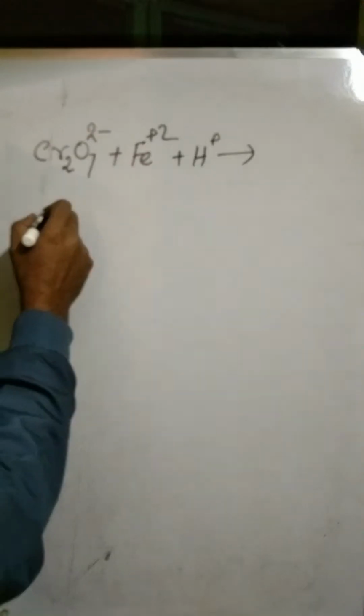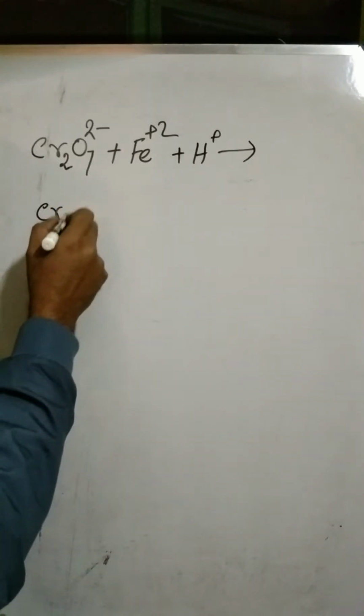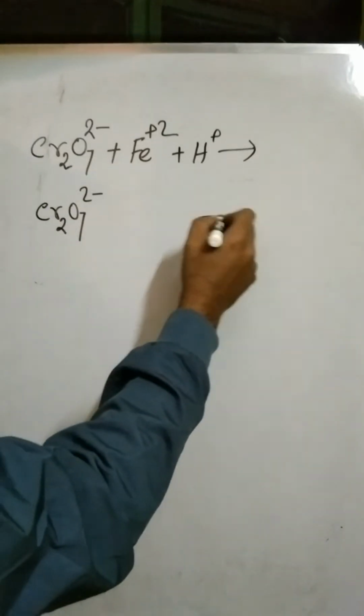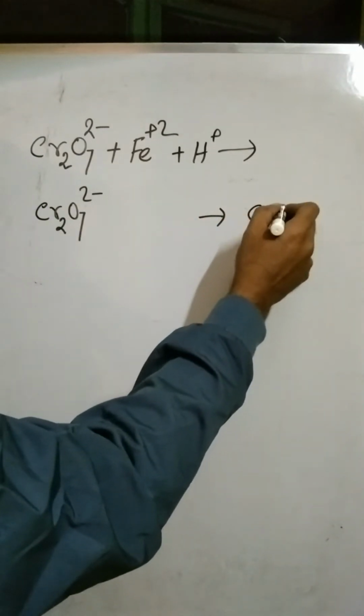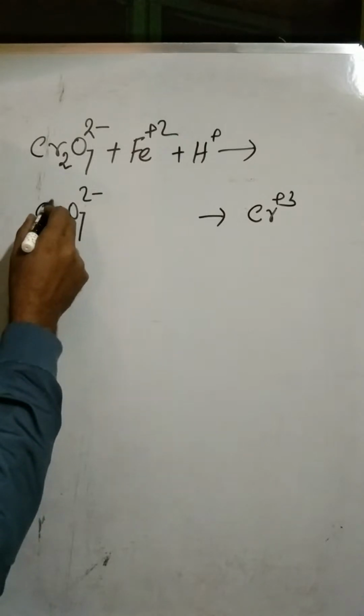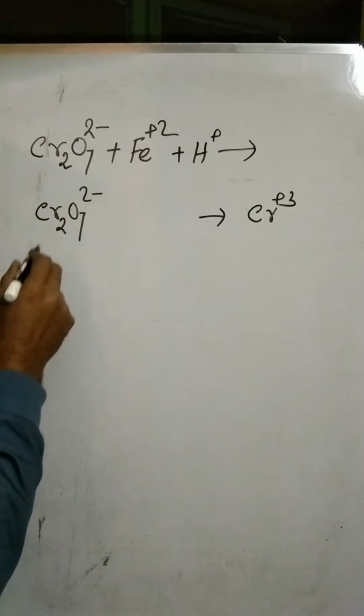Now what will happen? All you need to know is that in acid medium Cr2O7 2 minus goes to chromium plus 3 ion. Now we need to calculate the oxidation state of chromium in the dichromate ion. Here let the oxidation state of chromium be x.